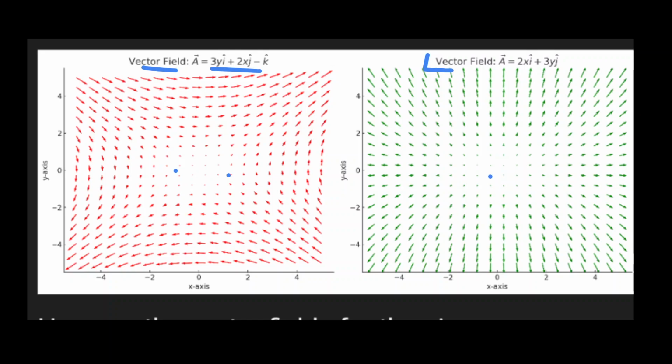So there is a point at the center, say somewhere over here maybe, and these vectors, they are pointing away. So they are moving away from a point. Such a field is called as diverging vector field.